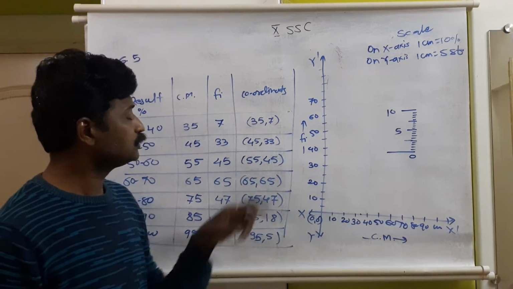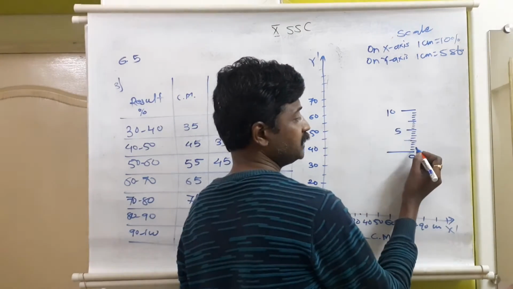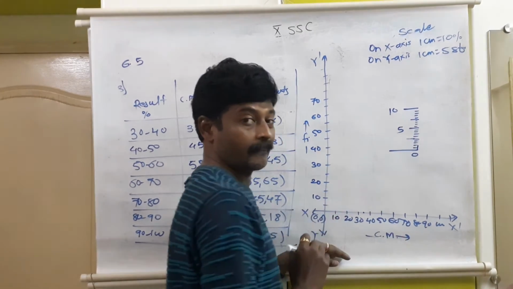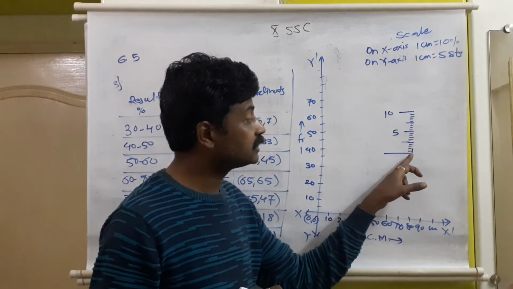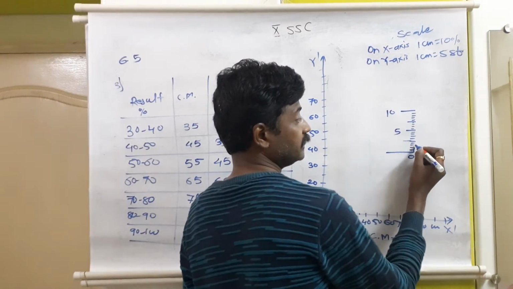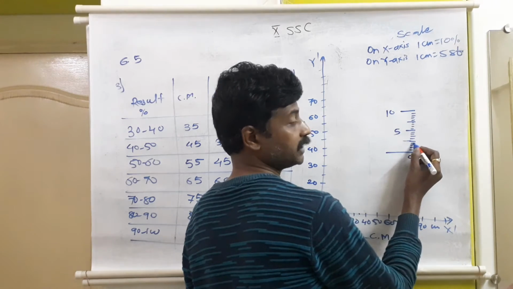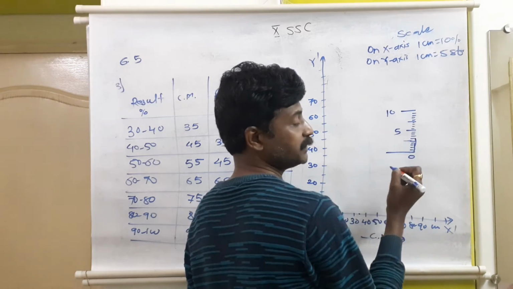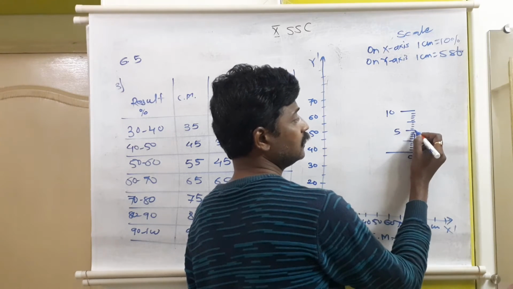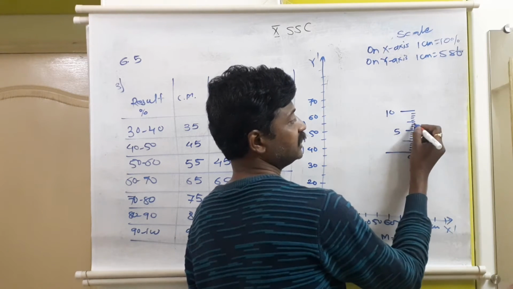Now we want to take 7. How is 7 taken? This is 5, which means the value of the first 2 lines is 1. The first 2 millimeters show 1 student. Then the next 2 lines are 2 students. 4 lines will be equivalent to 2, 6 lines means 3 students, 8 lines means 4 students, and then here 5 students, 6 students, 7 students.